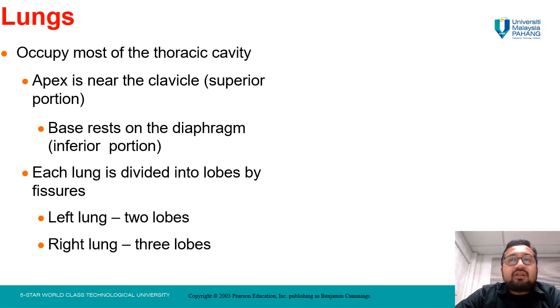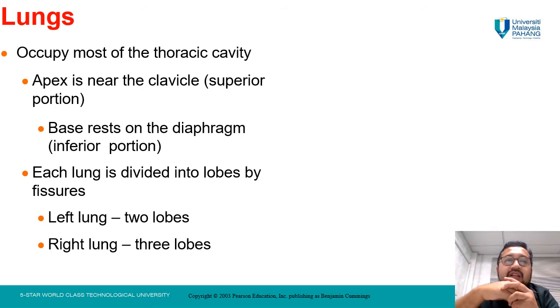Each lung is divided into lobes by fissures. If you look, there are some lines on the lung, which separate the upper portion and lower portion. This line we call fissures. If you have seen the lung of a cow or other animals, it has fissures, like a small groove or drain. That is the fissures, which divide the lungs into parts.